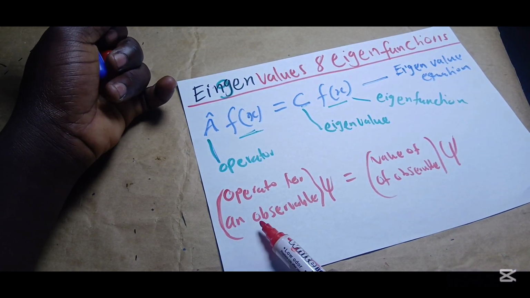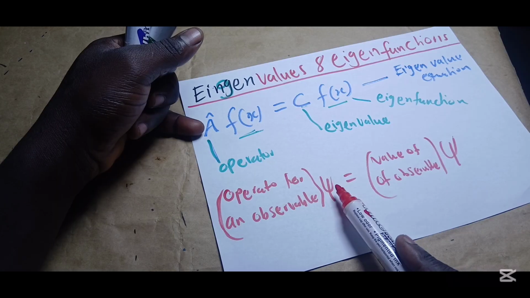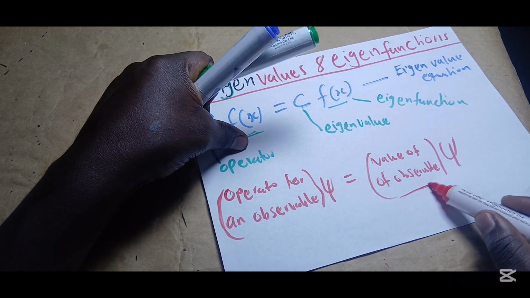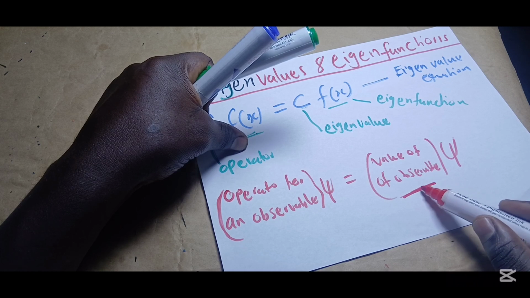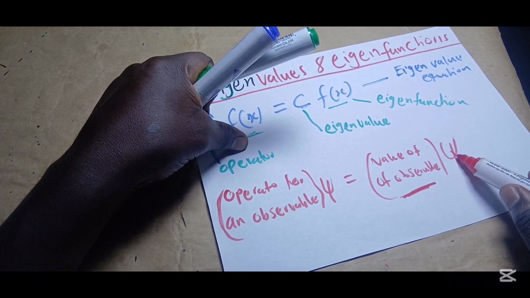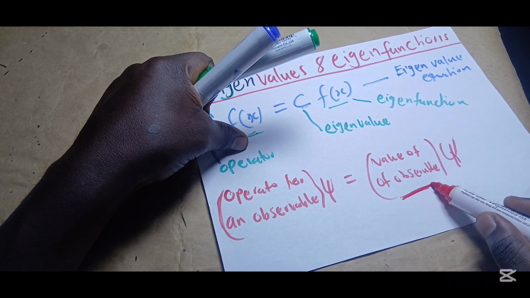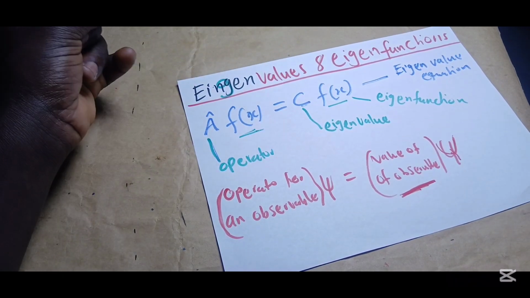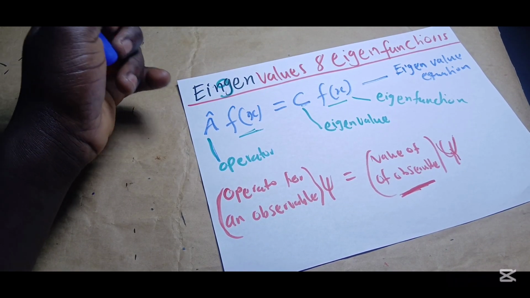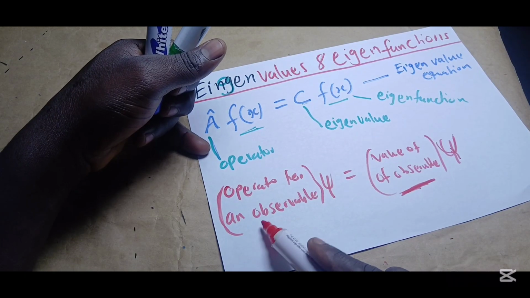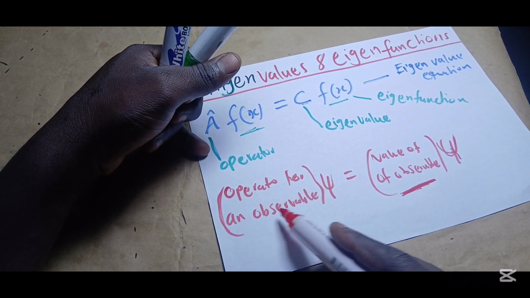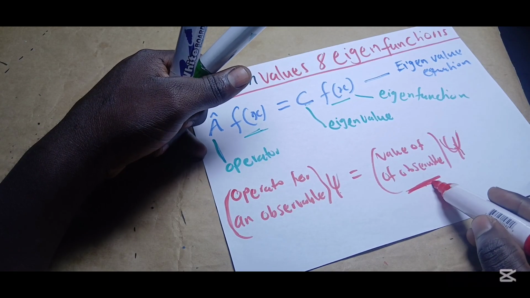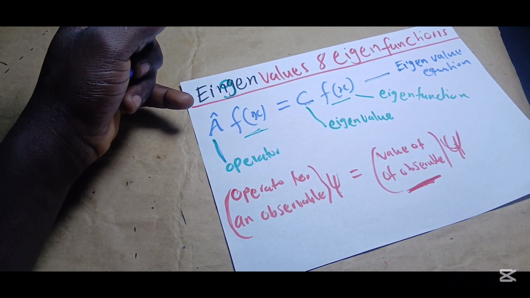If we have an energy operator and we act it on the wave function, we are going to predict the value of the energy, giving us the wave function back. If we operate an energy operator on a function, we get the energy value with the wave function back.